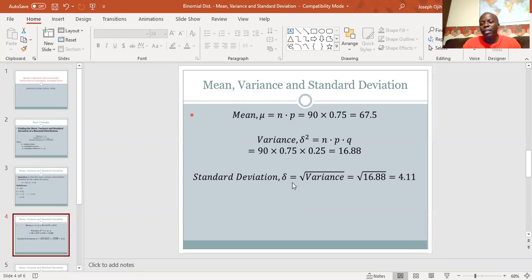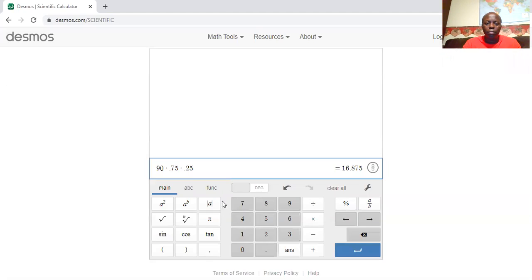Now, the standard deviation is always the square root of the variance, which is the square root of 16.88. That'll give us 4.11. I can show you on the screen here in my calculator. I have the square root of 16.88.